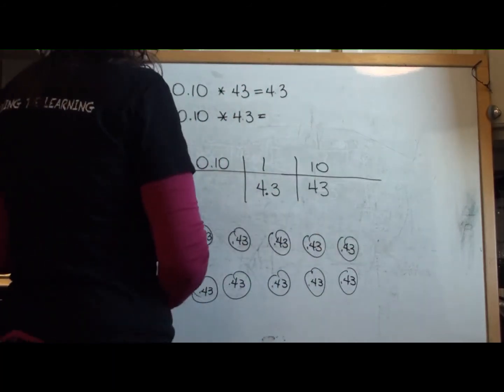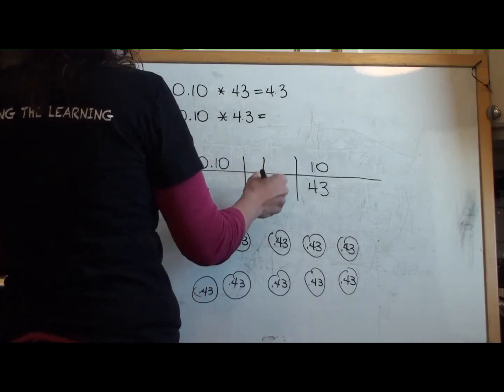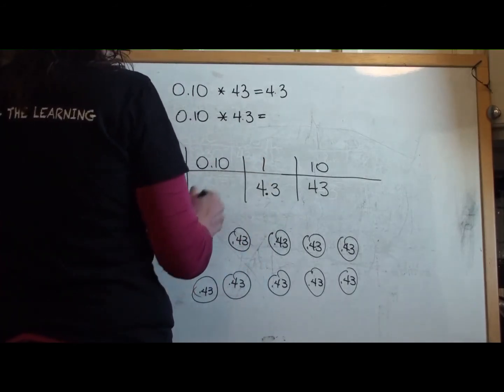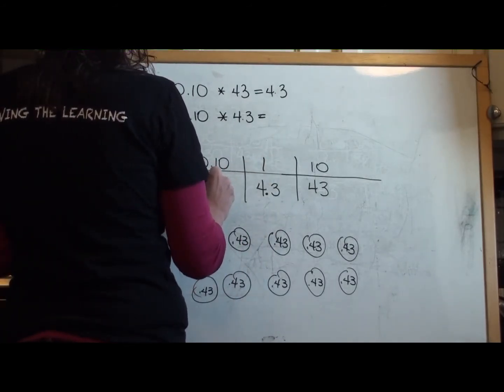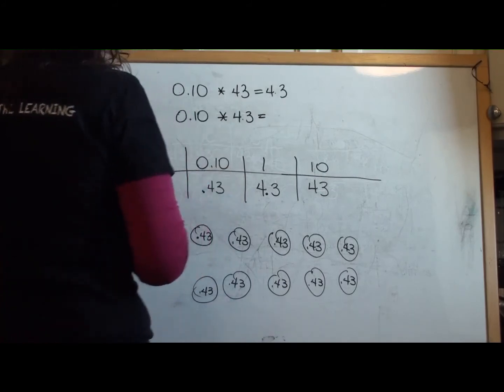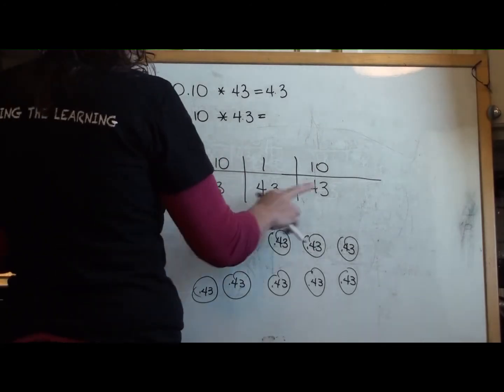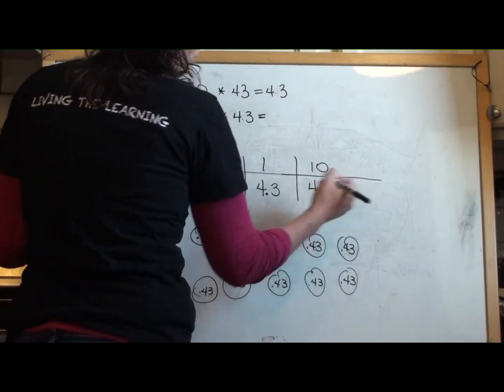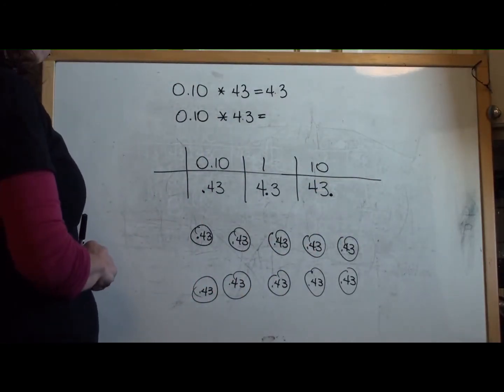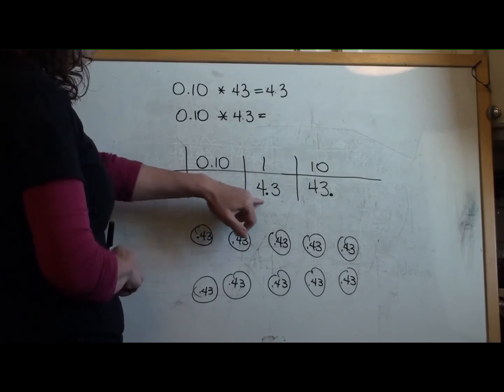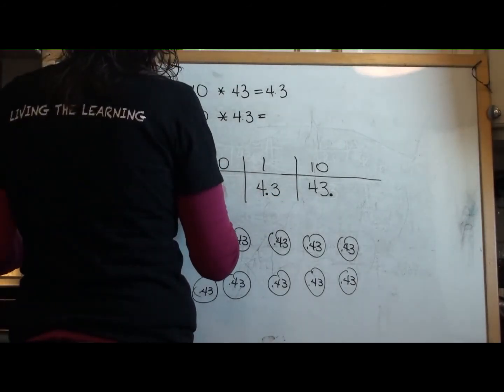If I added all those up together, it would be $4.30 or 4 3/10. You can see how the decimal point is moving. Remember, the decimal point is hiding here.